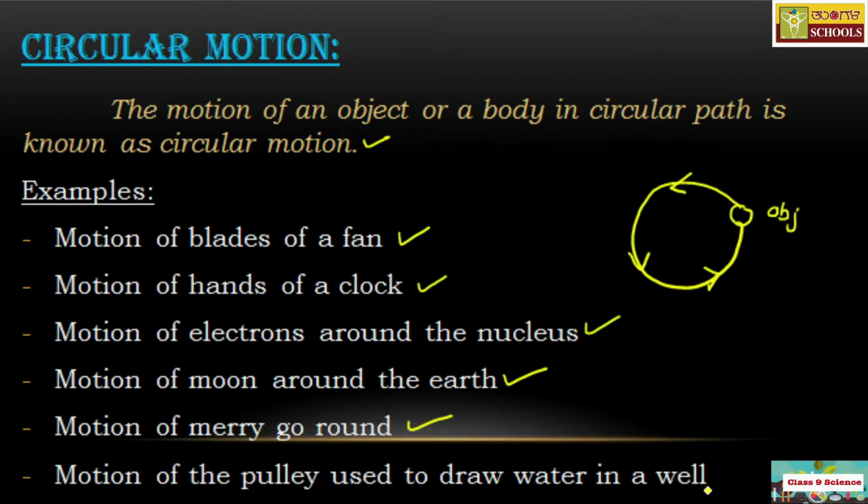Motion of the pulley used to draw water is also an example. Still we have many, but these examples are sufficient, I believe. So circular motion of a body is the motion of the body in a circular path, and these are the examples listed in front of you.